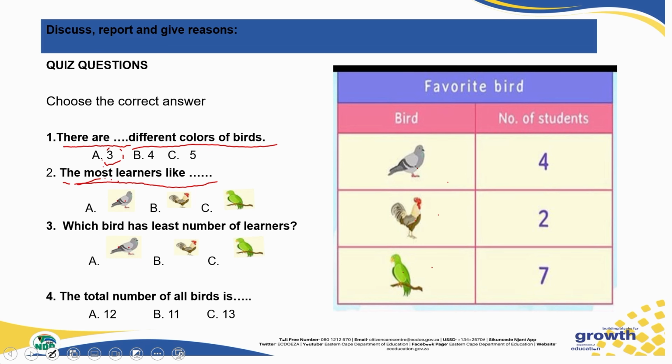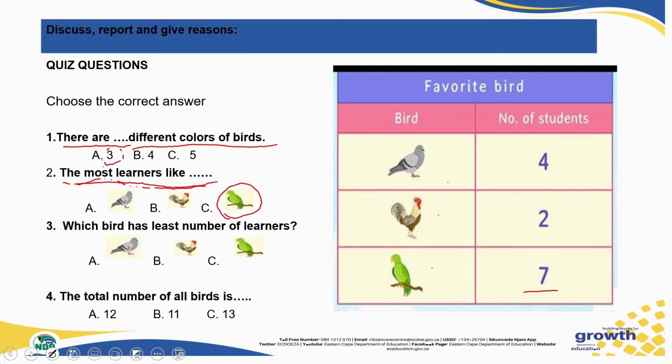The most learners like which one? Is it A? Is it B? Is it C? That's correct. It's C. Remember, we see that by the number of the birds that they have collected. We said the parrots are 7. That means it's the most bird that is liked by the students. Great ones, you are doing well.